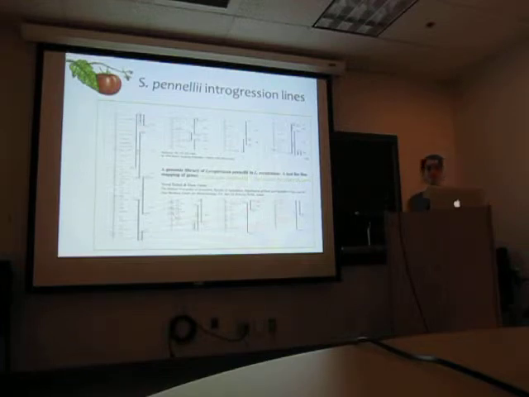Each of the 12 chromosomes of tomato is covered by about 4 different introgression lines. We have 50 in total, and these introgressions are bound by known genetic markers, which you can see up and down the chromosome. They were developed mostly to map quantitative traits in cultivated tomato, but I was using them to interrogate the Solanum pinelli genome to see where the resistance locus was.